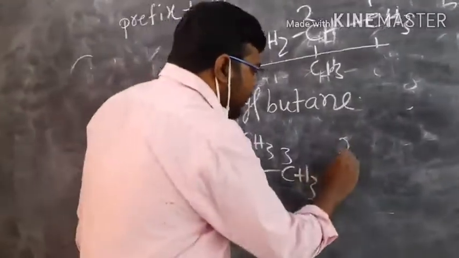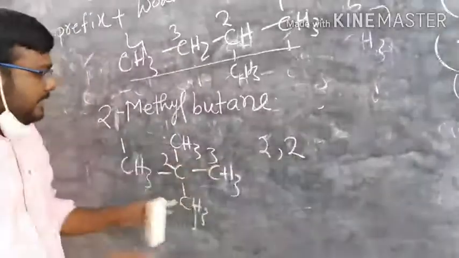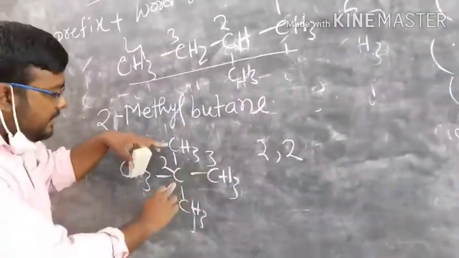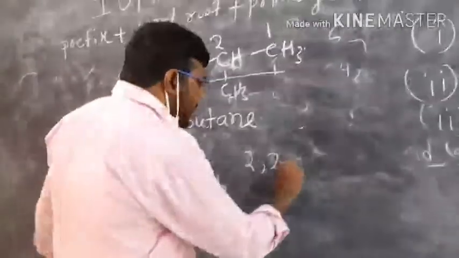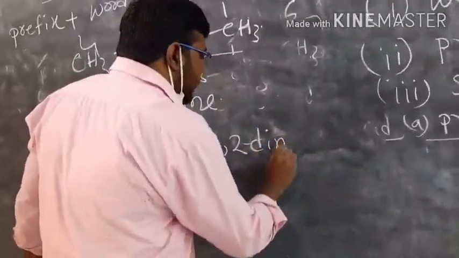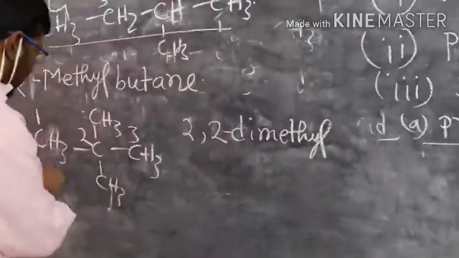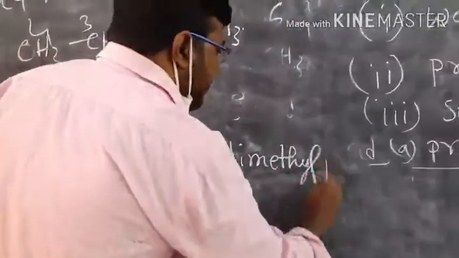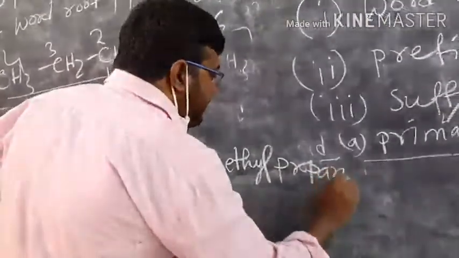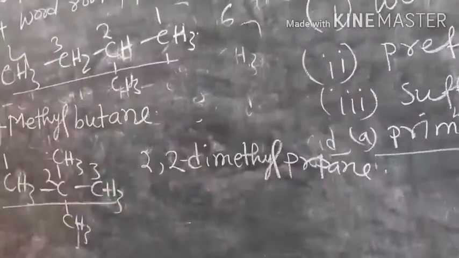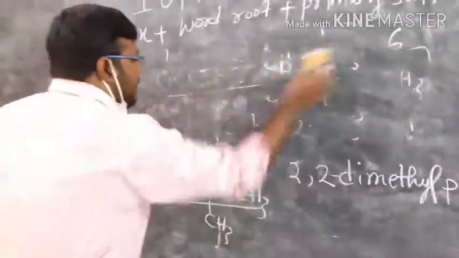So to represent this, their positions will be separated by a comma: 2, 2, repeated, because at position 2 there are 2 same methyl groups. How many methyl groups are there? 2. So 2,2-dimethyl. And how many carbon atoms does the parent chain contain? 3. So its word root will be prop, and then ane: propane. Like that, you have to write the name of a saturated hydrocarbon.